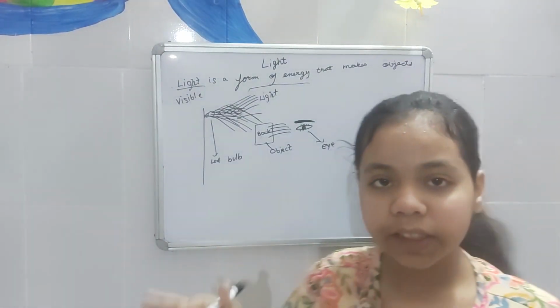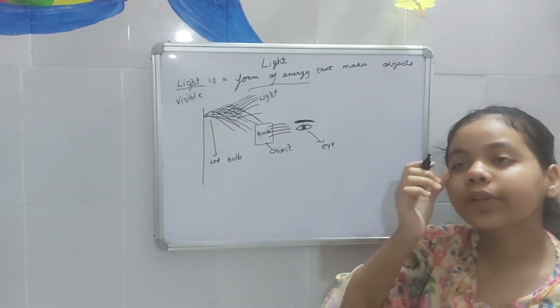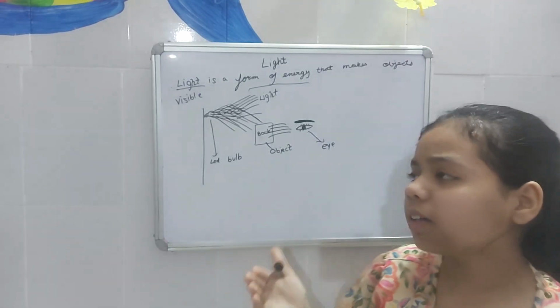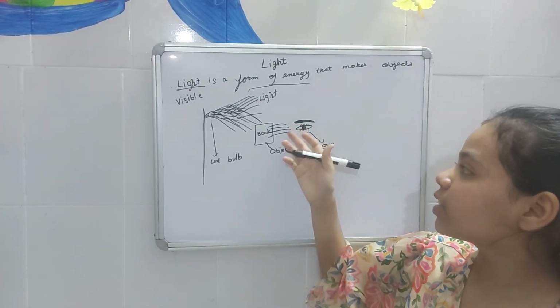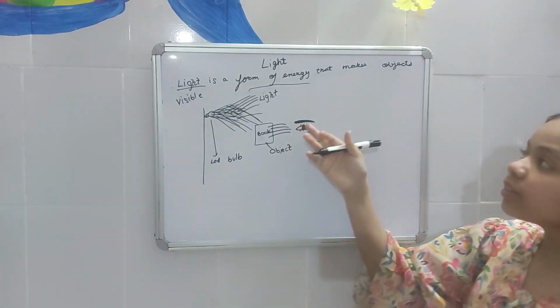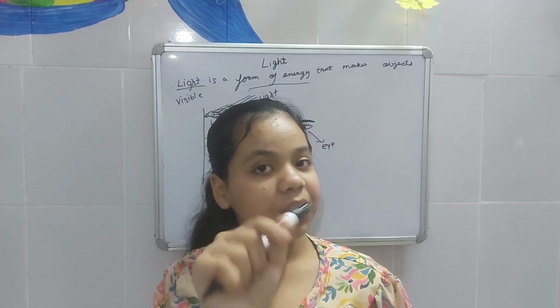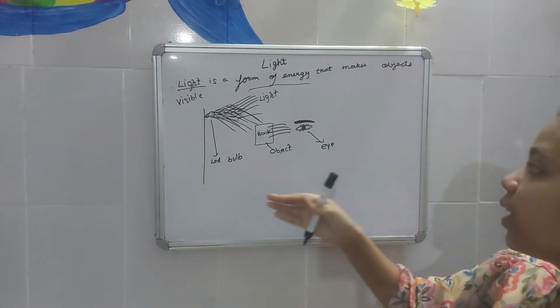When we see, there is a lens in our eyes, right? The lens captures this light and then sends it to our nerve. You have to comment in the comment box what is the name of that nerve.